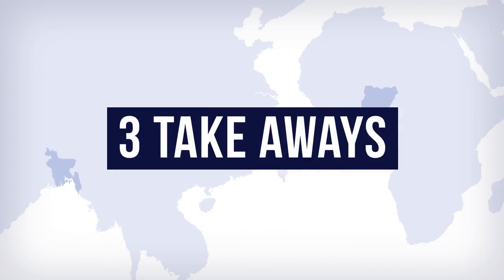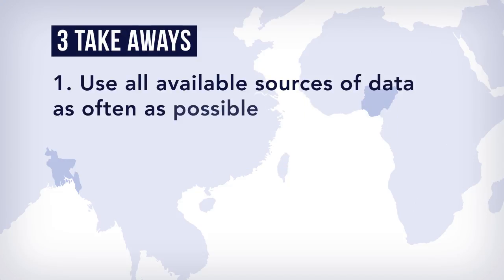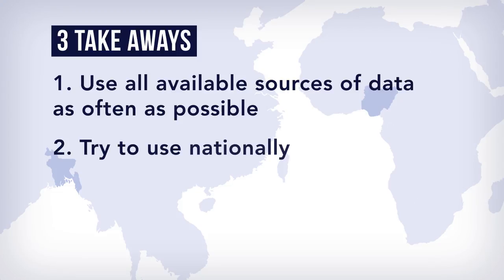So from these examples, there are 3 takeaways that we would like you to remember from this lesson. First is that you should always try to take into account all the data sources that exist for a particular indicator and country. Second one is to always pay attention that the data you are using are representative of the population you are studying, and if it's at the country level, that they are nationally representative.